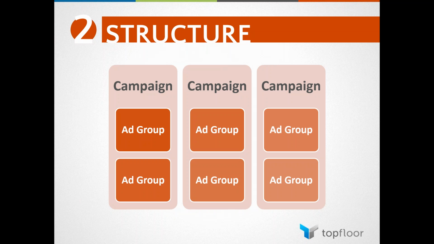It's easier to develop keywords, and it's also much easier to write ads. If everything in your ad group is around saws, it's easier to write an ad just about saws, and you're going to capture more people that way.